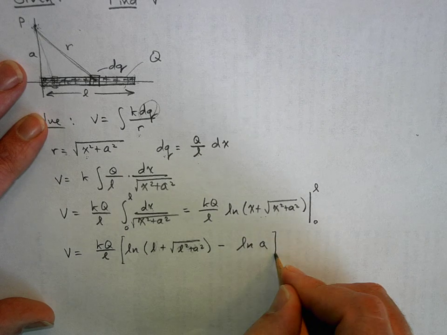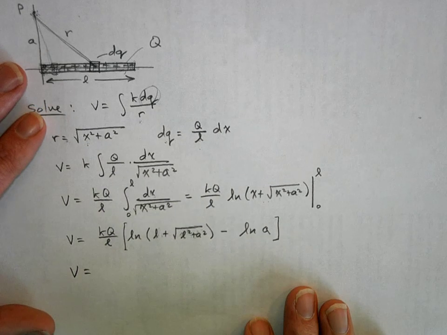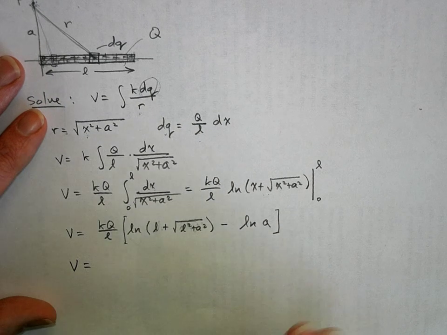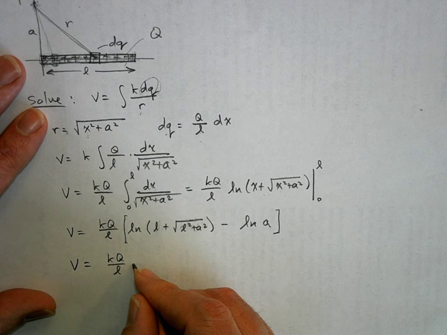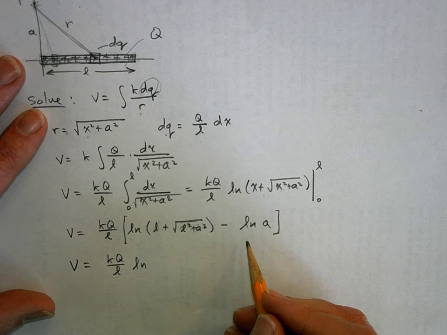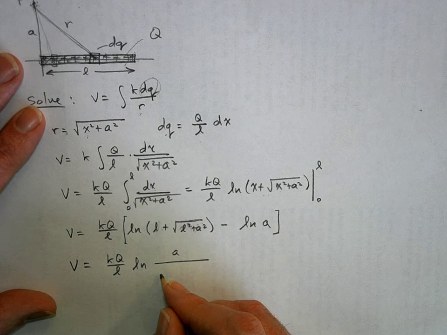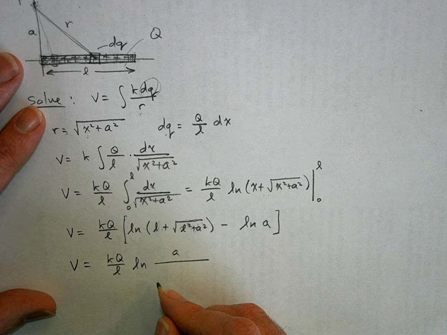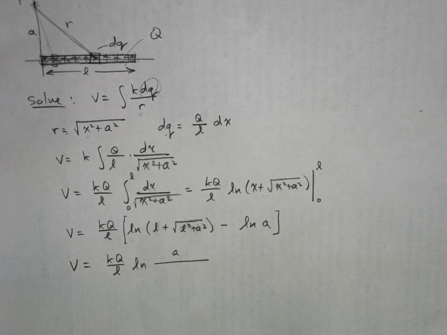Now, I believe you can divide it, but it'll change the base. So when you divide logs, you're going to have ln of L plus the square root of L squared plus a squared, over ln of a. Isn't that right? Why is a on the top?